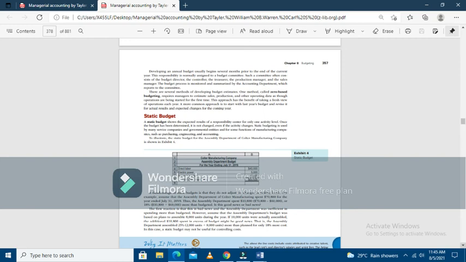Kung 2022, you will start at zero. Ano ibig sabihin nun? When you start at zero, ibig sabihin lang po niyan ay kung magkano man yung savings na natira mo on 2021 ay hindi mo siya pwedeng gamitin on 2022. Kumbaga, magse-set ka uli ng goal, magse-set ka uli ng budget requirements.